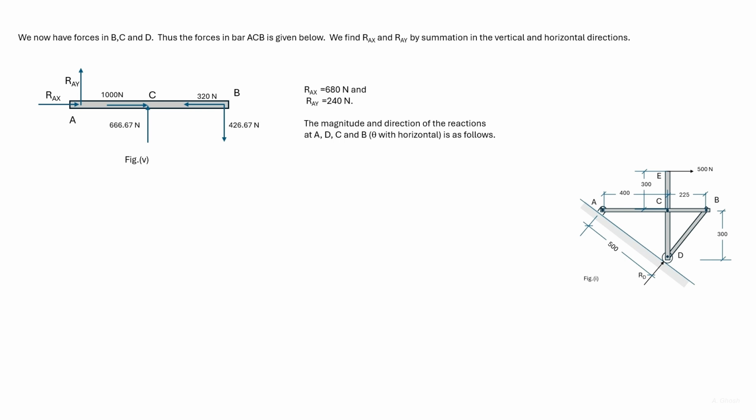So we have obtained RPy and RPx. Here we have the frame again. Now we earlier found the forces in ECD and PD. Here we have ACP, and we already have the forces acting at C and B. By considering horizontal forces, we can find RAX, and by considering equilibrium in the vertical direction, we can find out RAY.